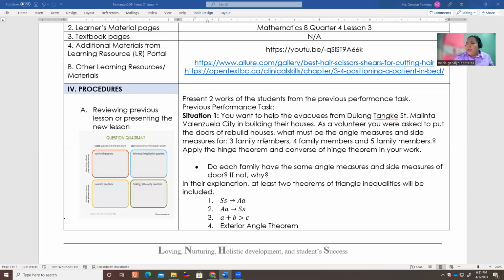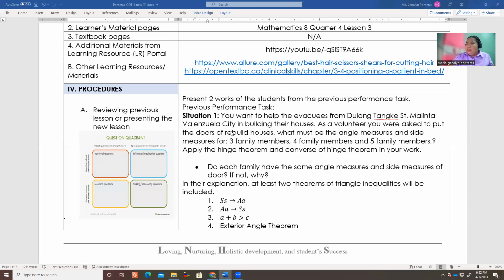So, what would be the angle measures and side measures, let's say, for example, of the roof, nung bahay na ang laman is three family members, yung isa four family members, yung isa five family members. Yung application ng doors, andun yung sa pagbukas ng door, up to what extent yung bukas ng door, and yung sa windows naman, ganun din.